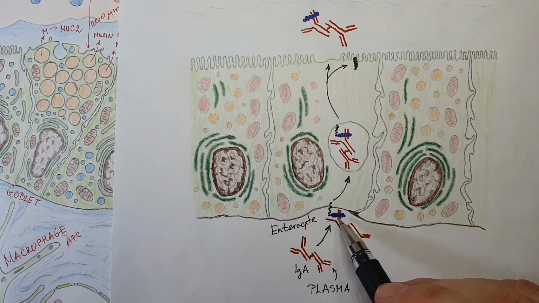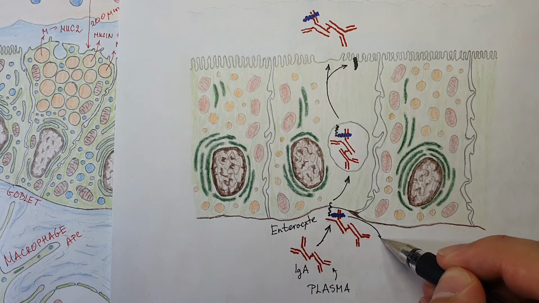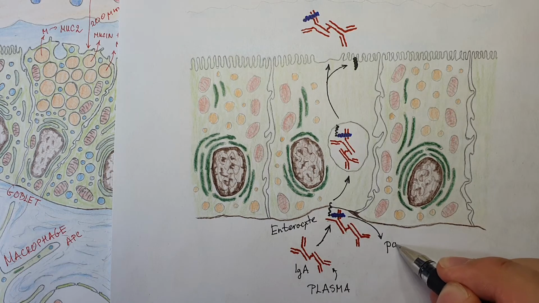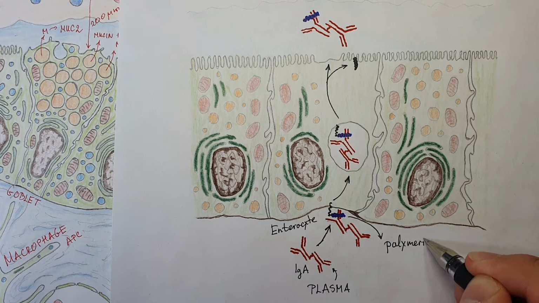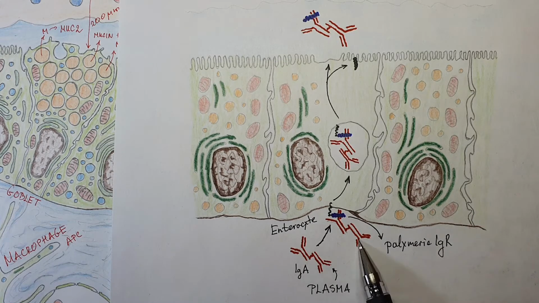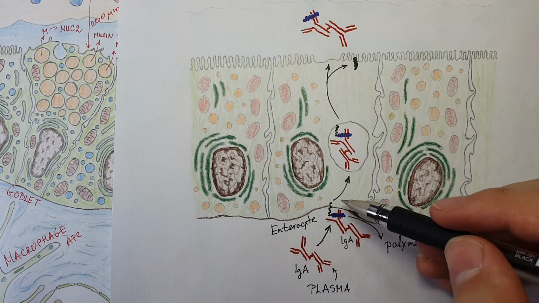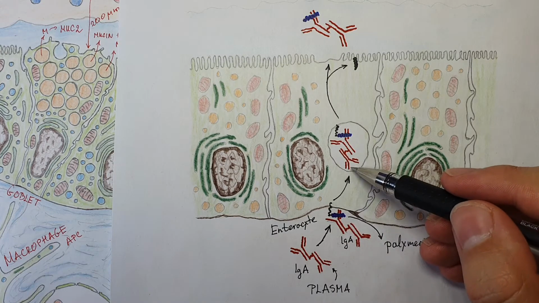This protein is called polymeric IgR, or immunoglobulin receptor.